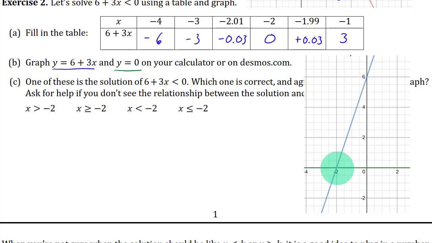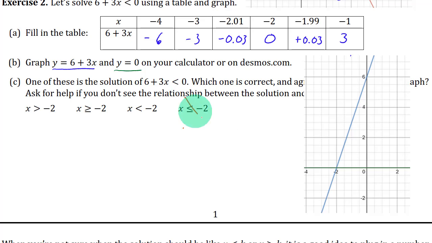The fact that this point right there is on the x-axis means that if you plug in x equals -2, you're going to get 0. Is 0 less than 0? No. So that means x equals -2 is not a solution.